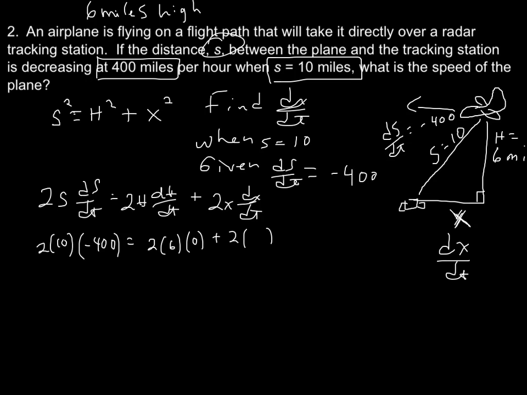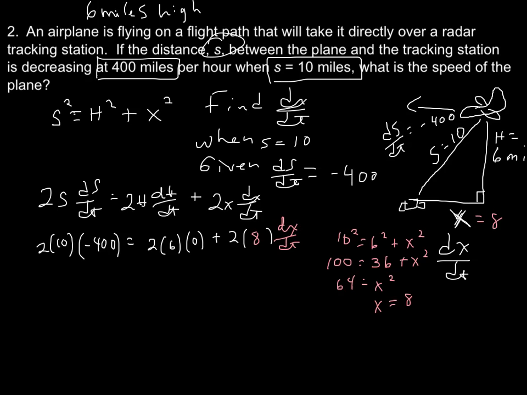And all that talk a minute ago, I forgot to actually find x, so let's go ahead and do it. So 10 squared equals 6 squared plus x squared, so that's 100 equals 36 plus x squared. 64 equals x squared, so x equals 8. So this is all happening when the plane is 8 miles out from the radar station. So that's going to be 2 times 8 dx/dt.